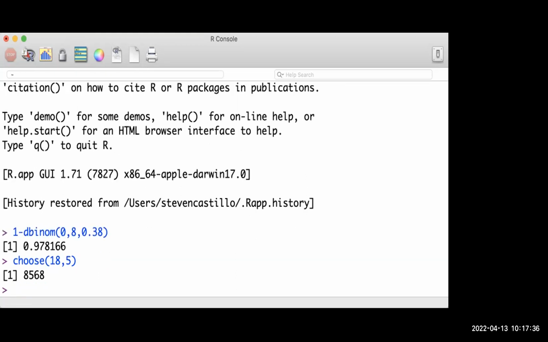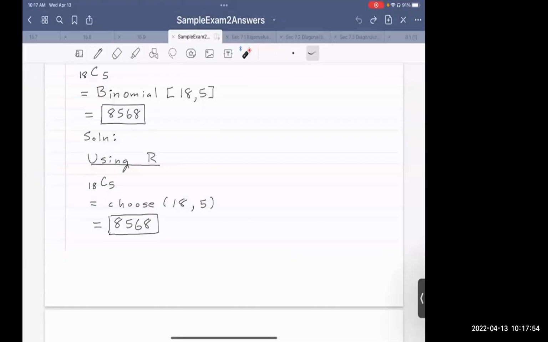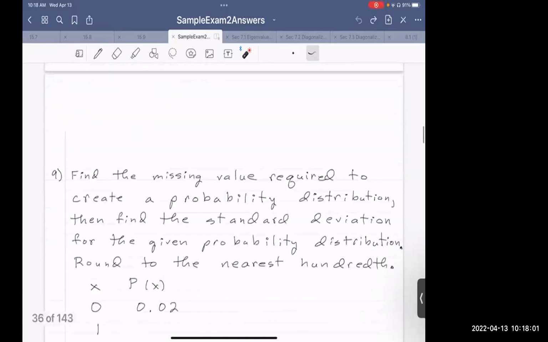And so again, I get 8568. Let me type that into my iPad. Okay. So using R, I get 8568.